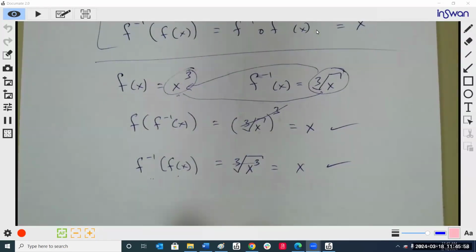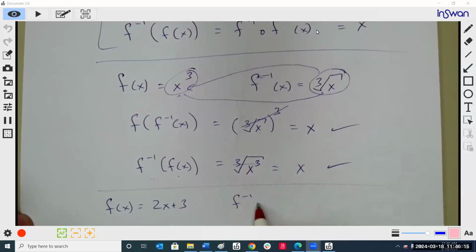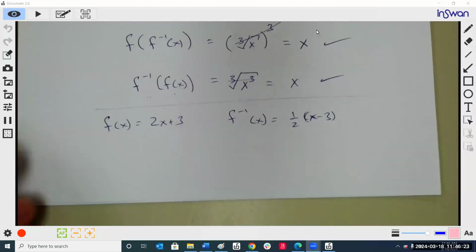So that shows that f and f inverse are inverses of each other. That's how you prove it. Let's prove that these are inverses of each other. The same way.